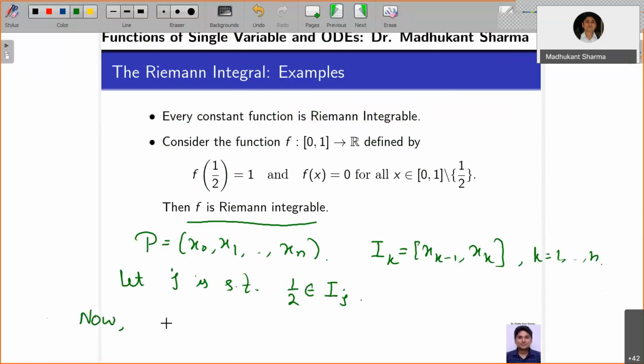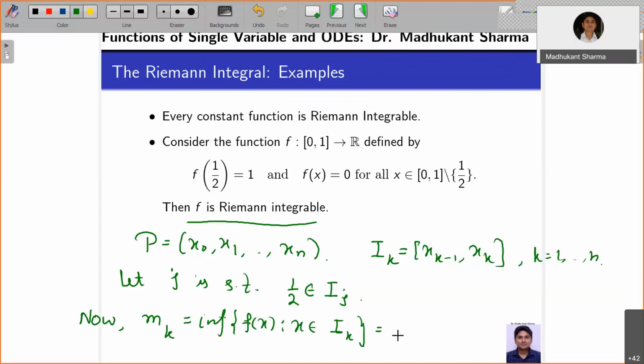Now if I go with the definition, what is mk? mk is nothing but the infimum of f(x) such that x belongs to Ik.